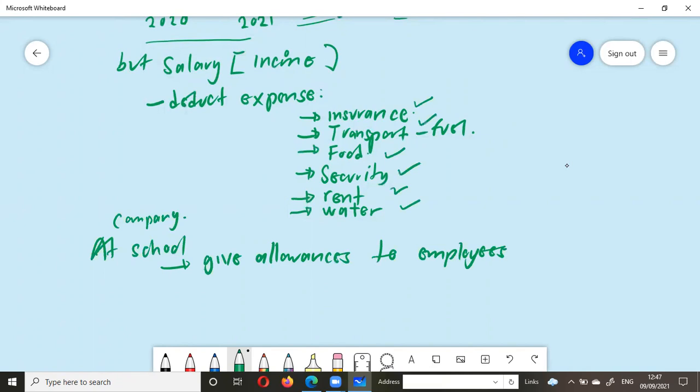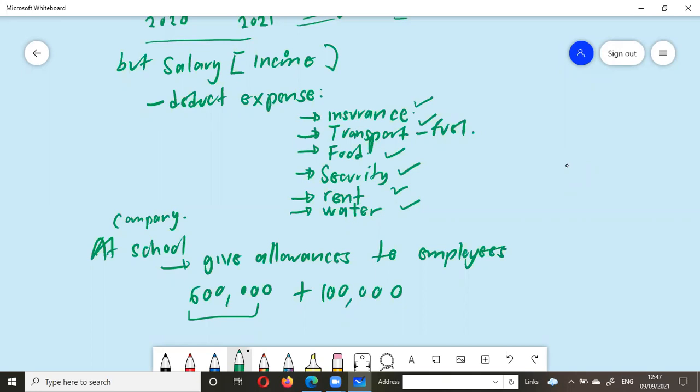Sometimes they may not give you cash directly. If they are paying you maybe 600,000 per month, they may give you another 100,000 for the expenses, or they may just cater for them at once. So this is what we call the allowances someone must cater for.